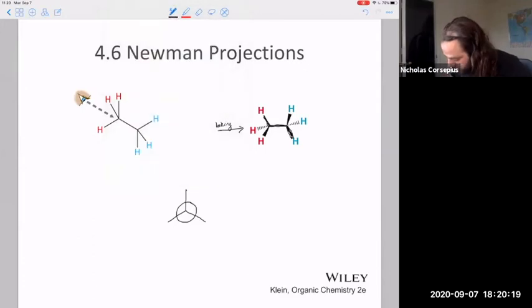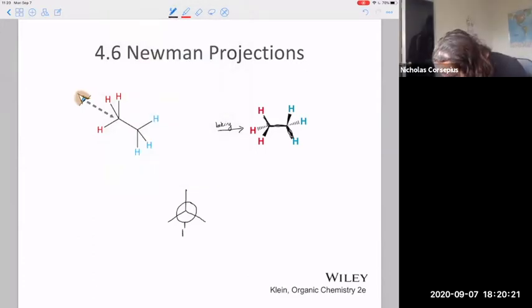So if I'm going to represent that, this would be my blue hydrogen here, my red hydrogen here. I'm even going to color code these a little bit more specifically so we can tell who's who. So that's all I've drawn thus far.